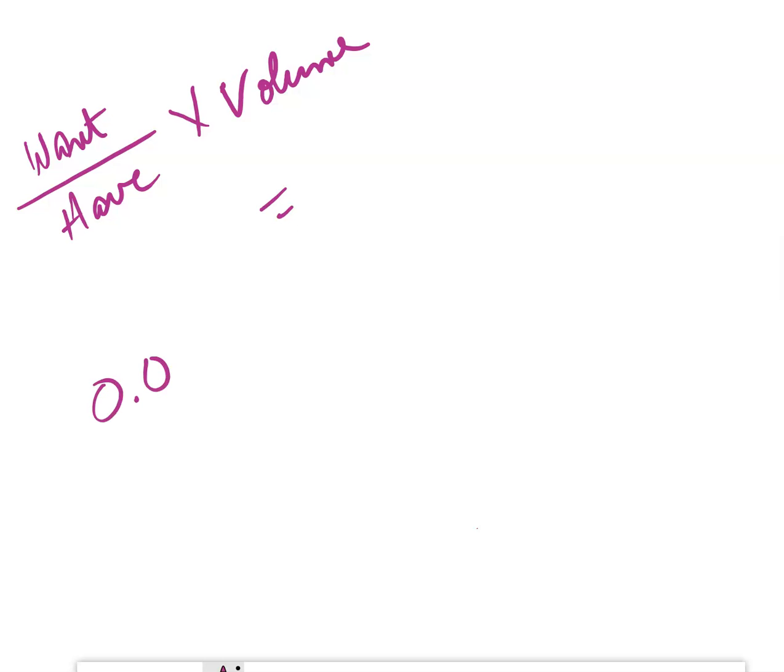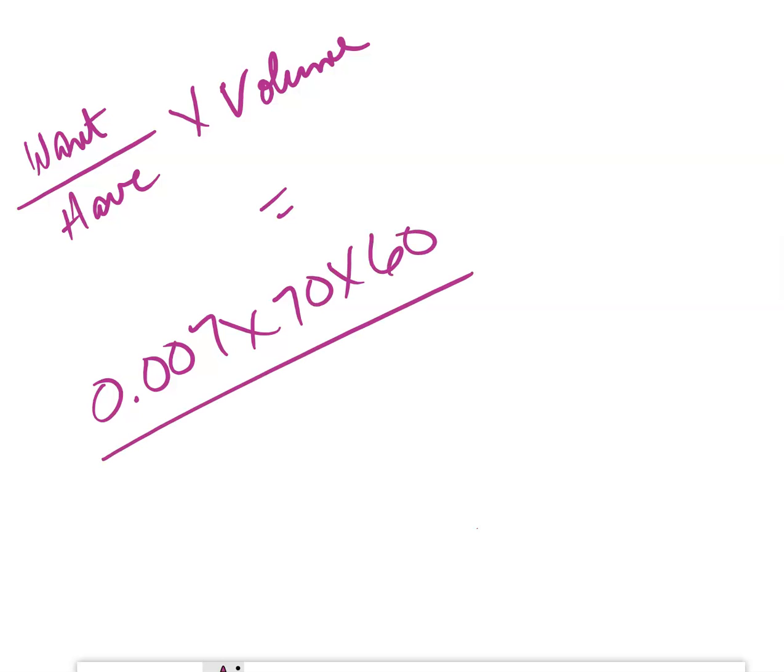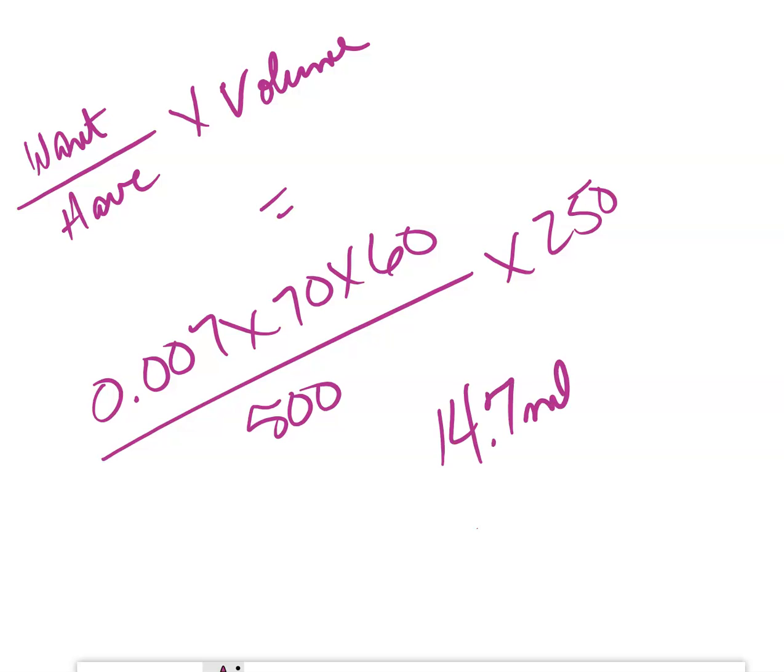So I ended up getting 0.07 times 70 times 60 divided by 500 times my volume, which is what they sent me, and I ended up getting 14.7 mLs per hour. All right, and I don't round because it's an infusion pump. I didn't give any drip rate, so there's no point of actually rounding.